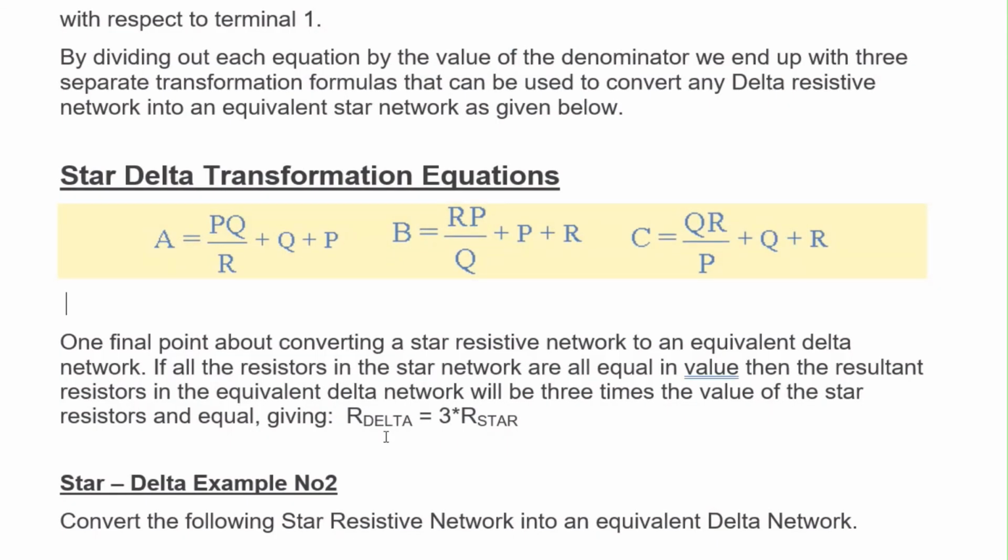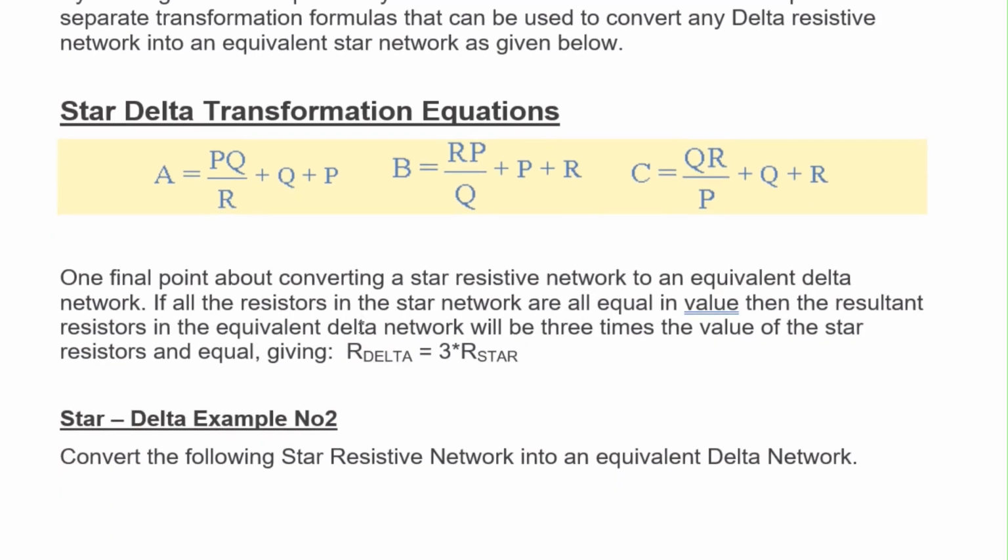A equal to PQ by R plus Q plus P. B equal to RP by Q plus P plus R. C equal to QR by P plus Q plus R. So QR, Q plus R. RP, P plus R. PQ, P plus Q.